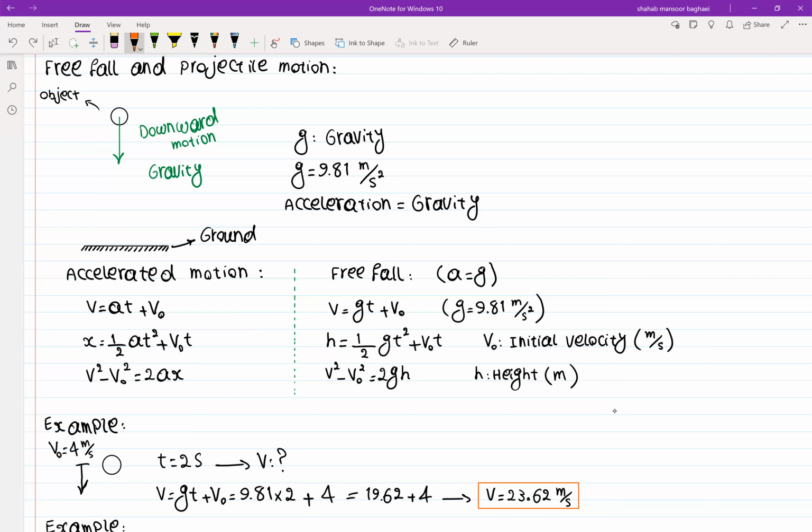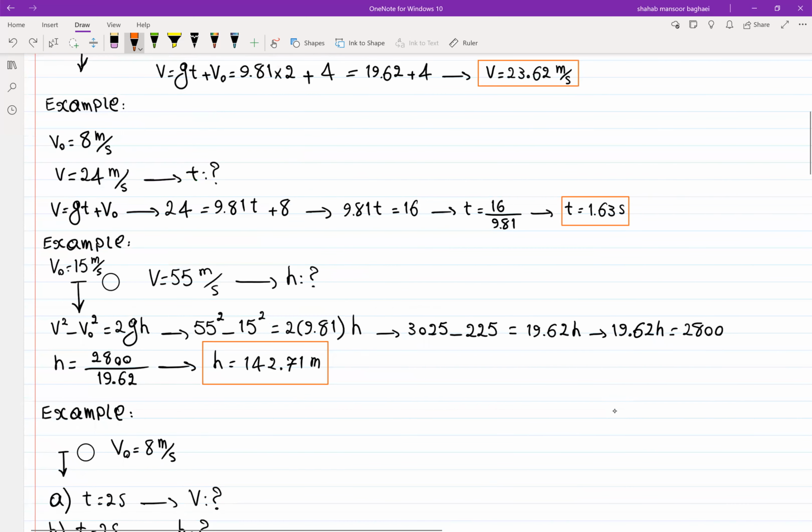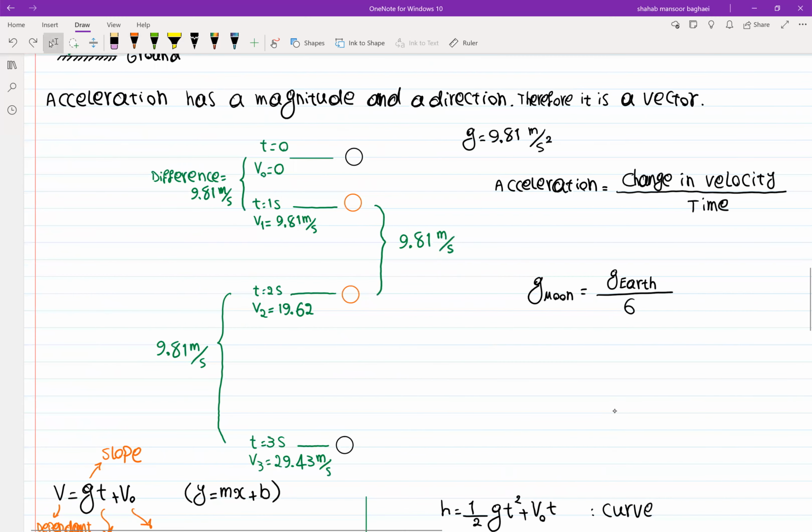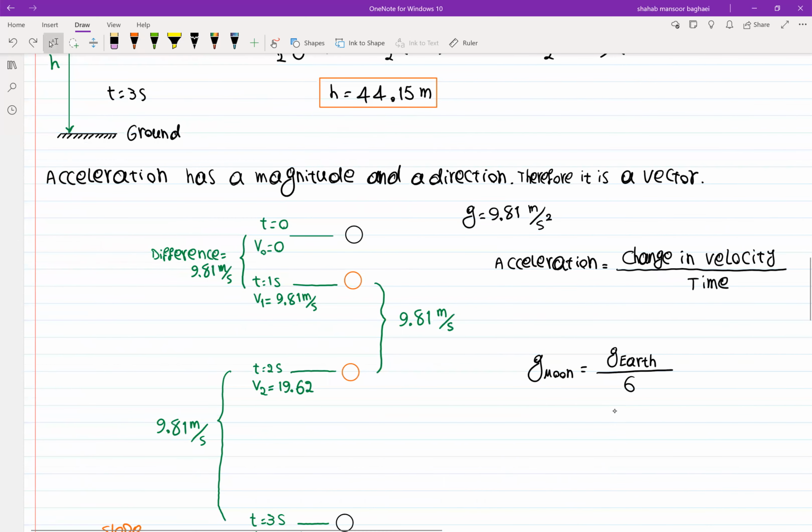In other words, the time of falling is higher. Consequently, if you have the same height, the time of falling for your falling object close to the moon is higher than the experiment close to the Earth, because you have less gravity.